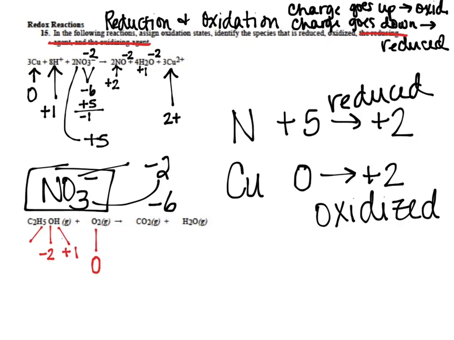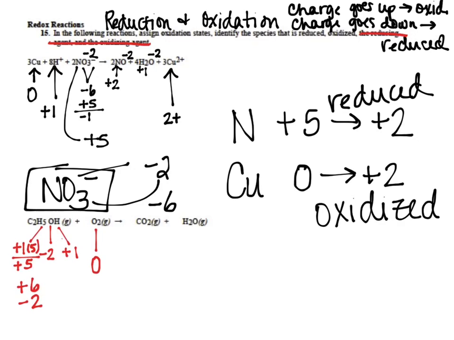This hydrogen over here is a +1, but there are 5 of them, so it's a total of +5. I have +5 and a 1, which gives me a total of +6.